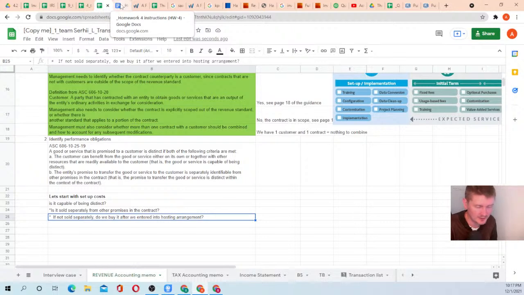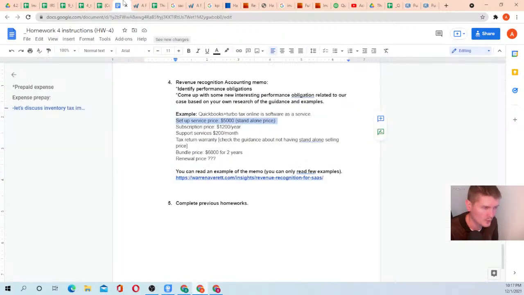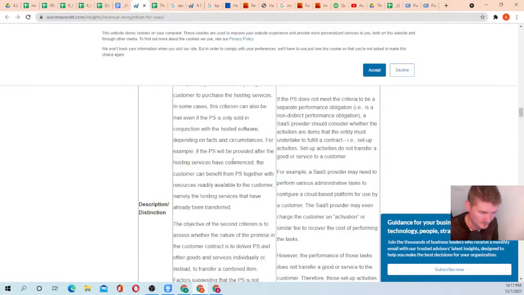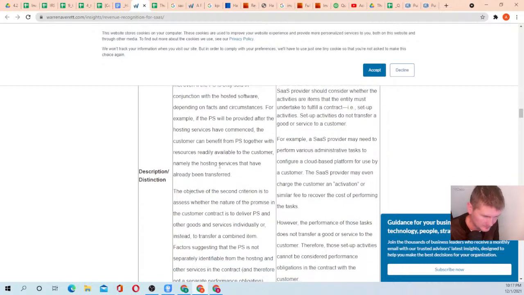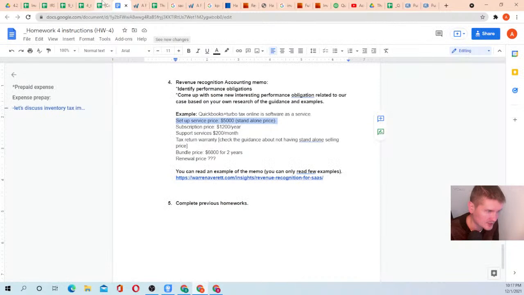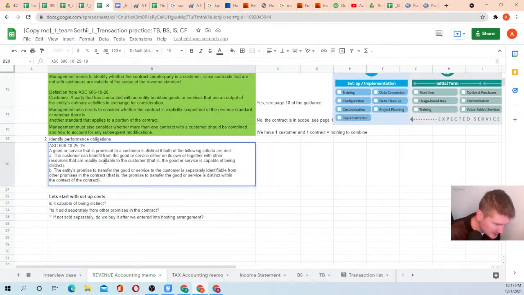We can benefit from that promise separately with our available resources. Let's see what we have here. With other resources that are readily available to the customer.